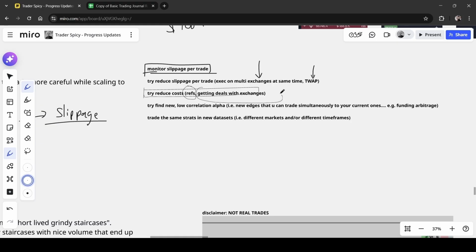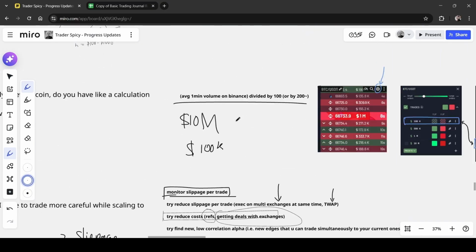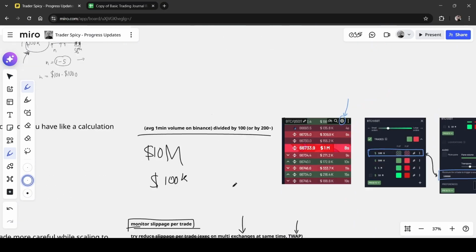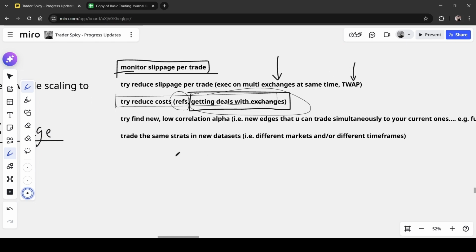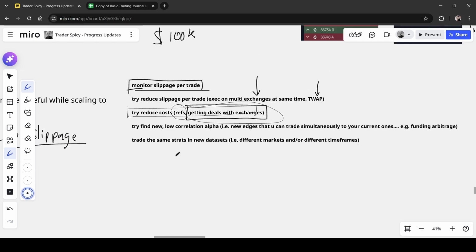The next one, and this is another reason why marketing is a big deal, and I think I mentioned this before, is that if you have some kind of brand on Twitter, on YouTube, on whatever, you can get a deal with the exchange to promote them in exchange for lower fees.